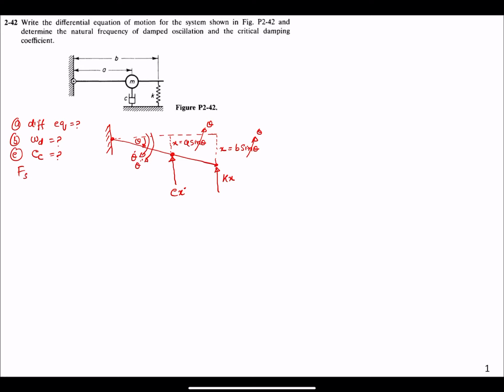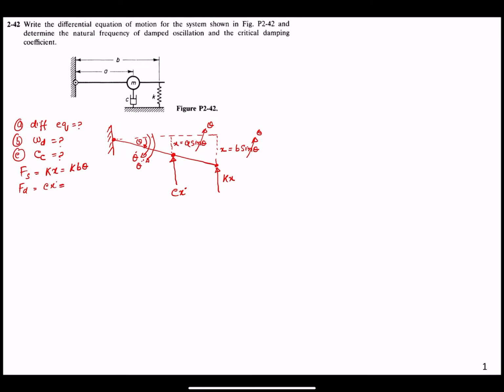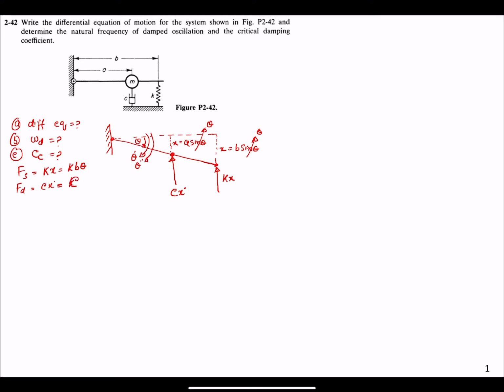So the spring force will become kx, which is k b theta, and the damper force, c x dot, will become c a theta dot, because x dot becomes a theta dot. So these are the forces that we have here.